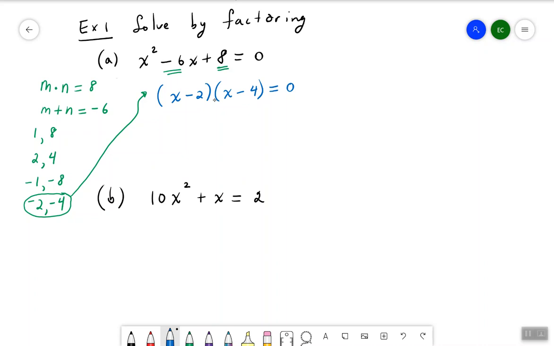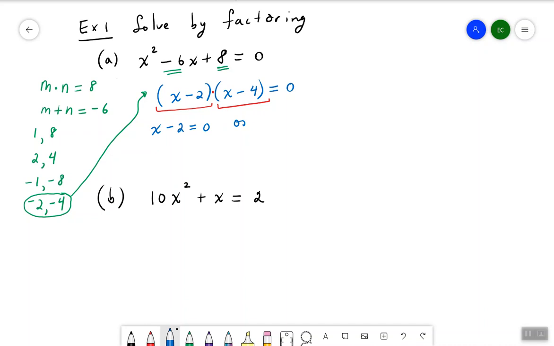Okay, once we have it in this factored form, the first factor is x minus 2, and the next factor is x minus 4. If the product of those 2 factors is 0, then we know that one of those factors must be equal to 0.